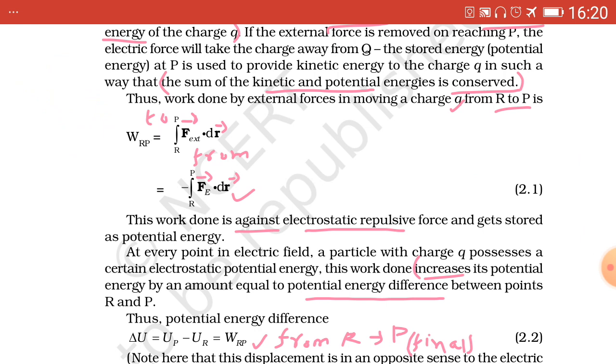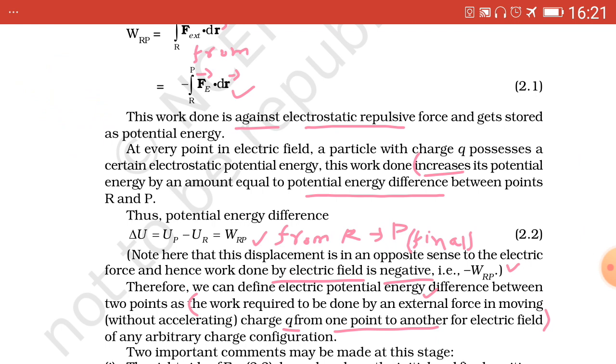Hence, work done by external forces in moving a charge small q from R to P is given by W_RP equal to integral from R to P, where the lower limit is from and the upper limit is to, which I have designated in the expression, of vector F external dot dr vector.